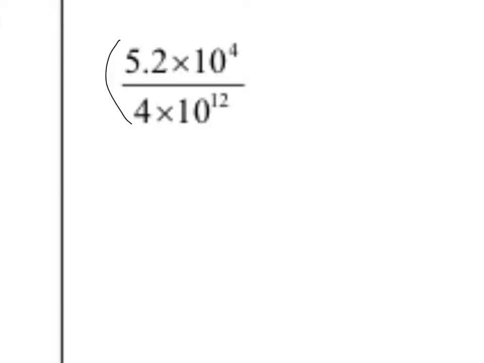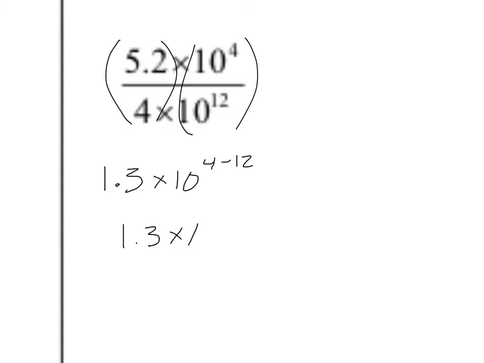So I have this 5.2, and this is just our rules. 5.2 divided by 4 is 1.3 times 10 to the 4 minus 12 gives me 1.3 times 10 to the negative 8. So this is really just one to be thrown in there to make sure that you're thinking about some of your other rules and that you're not applying the same rule to everything.